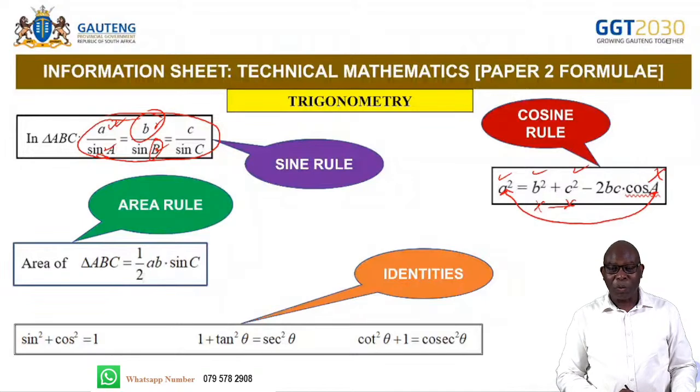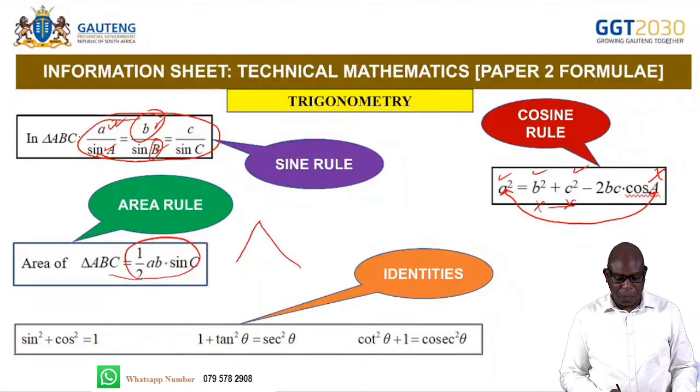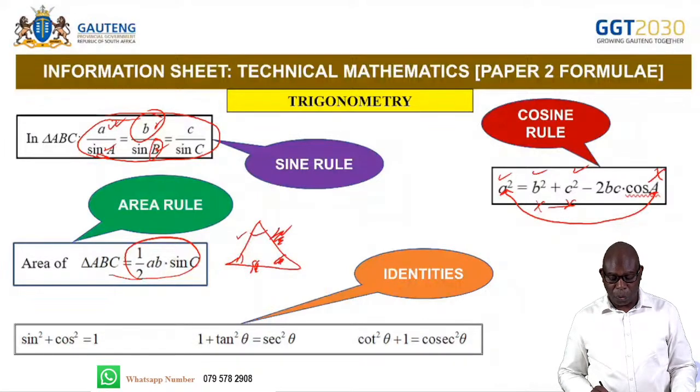Now the area rule is used where we have a triangle which is not a right-angled triangle. In other words, I'll use this side, that side, and the included angle. So please know those rules. The last group there is the identities.